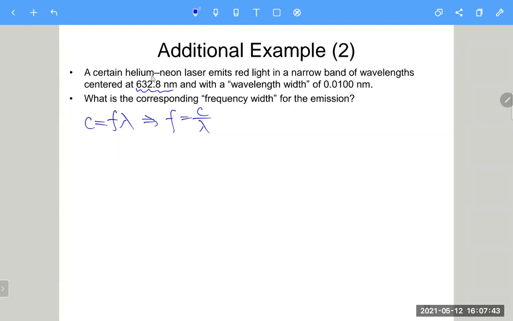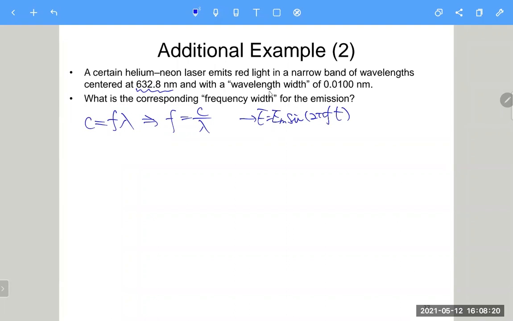You can just plug in c to be 3 times 10 to the 8th power, and then lambda to be 632.8 nanometer here, and then you can just calculate the f. And then the wave should be something like a sine of 2 pi f t plus phi, and then multiply by a vector, something like that for the E field or for the B field, whatever.